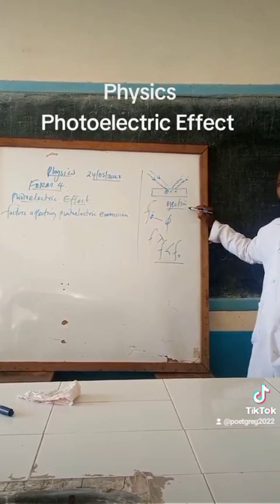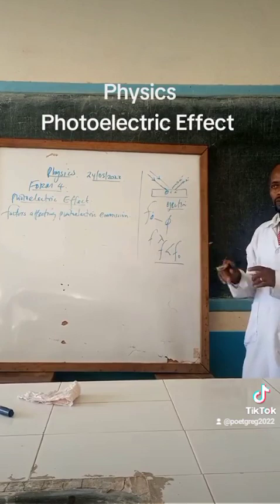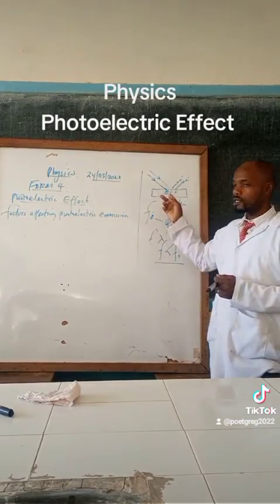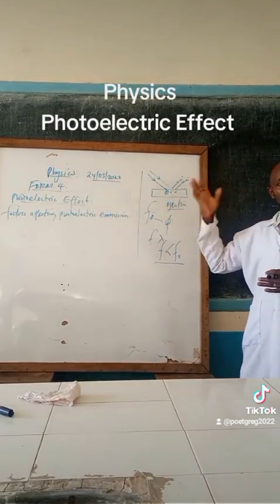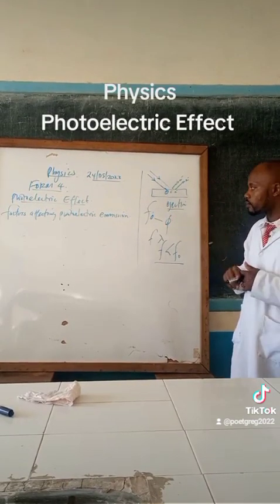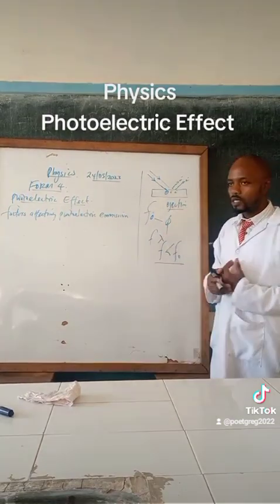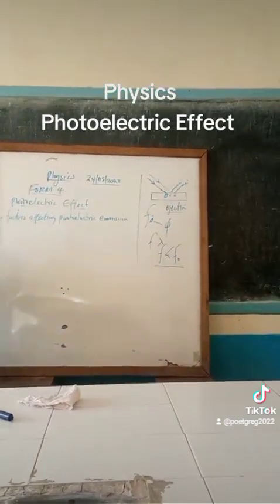So you can find that if you are using light of a given frequency to emit electrons in a certain metal A, then for metal B, we can either increase or reduce the intensity. So it varies.